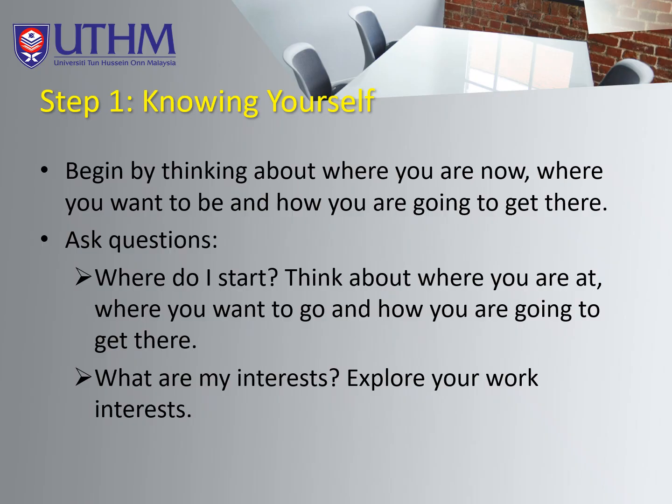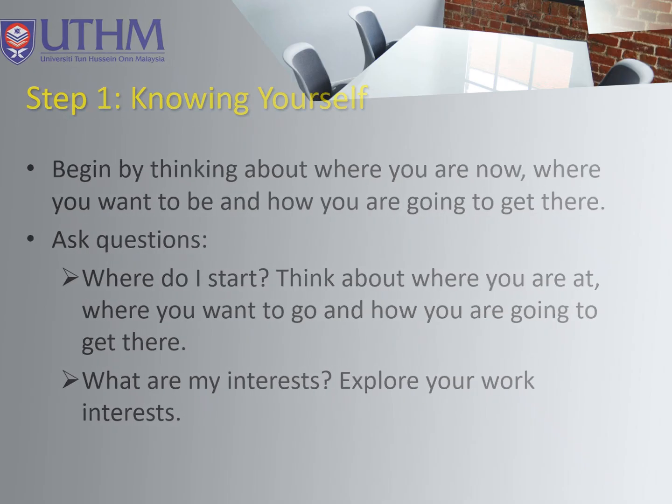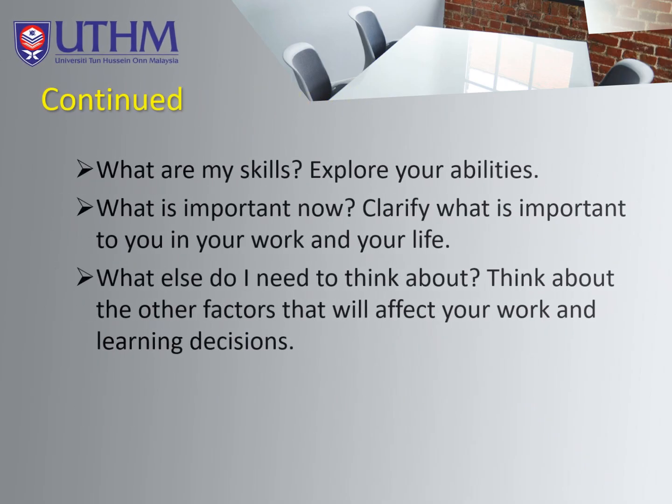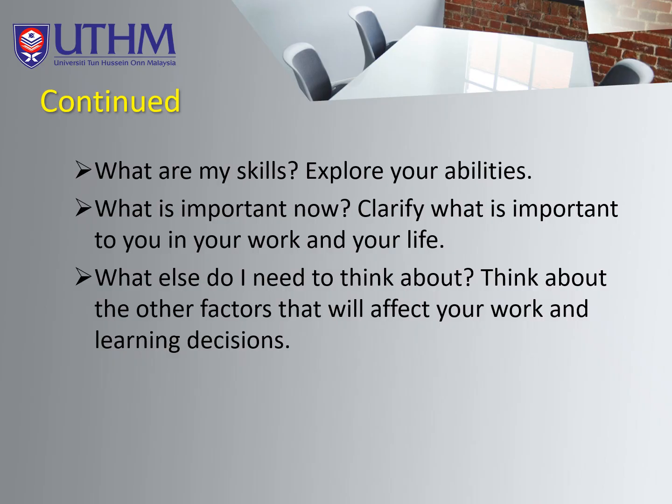You need to understand who you really are, what you can do, what your interests are, what the available skills you can offer are. What do you want with your life? What do you want in your career? Learn about the factors that might affect your career path.